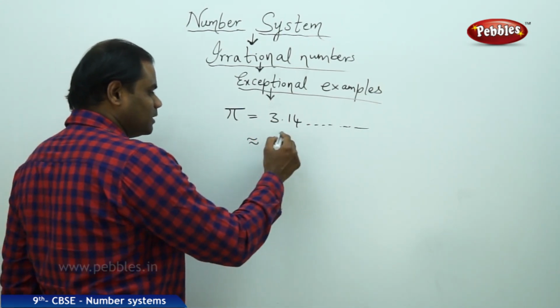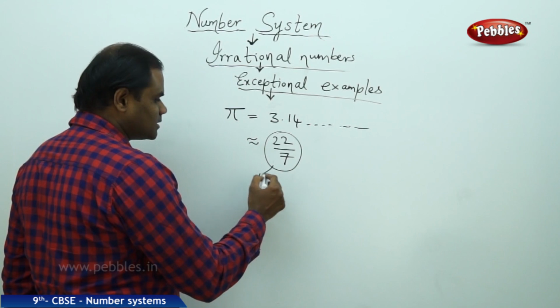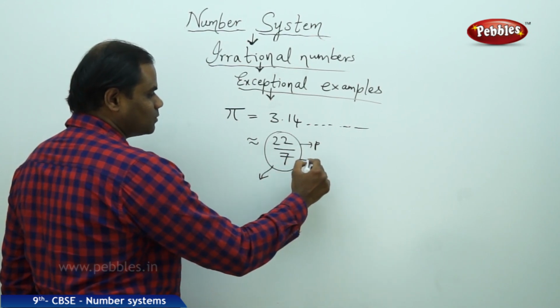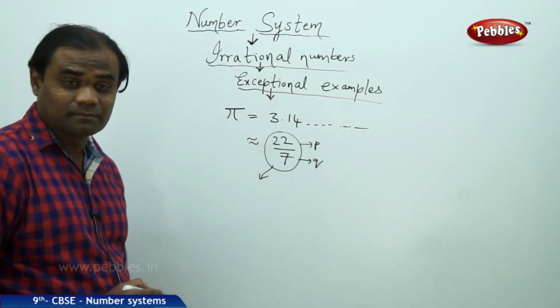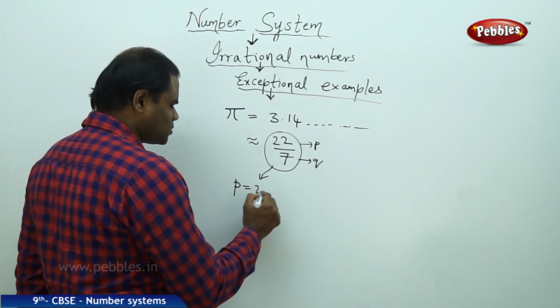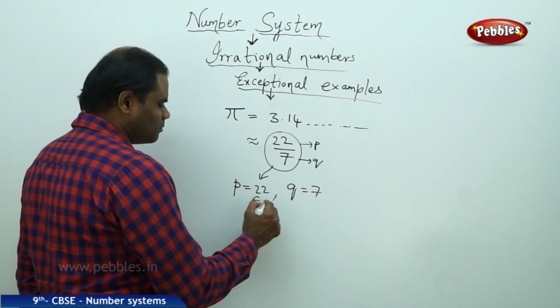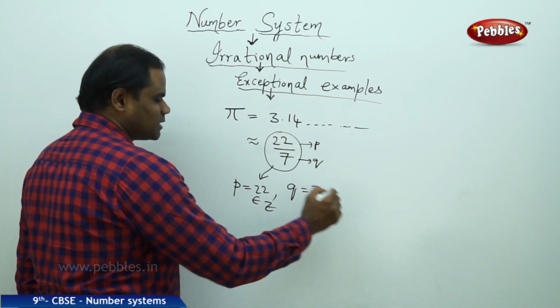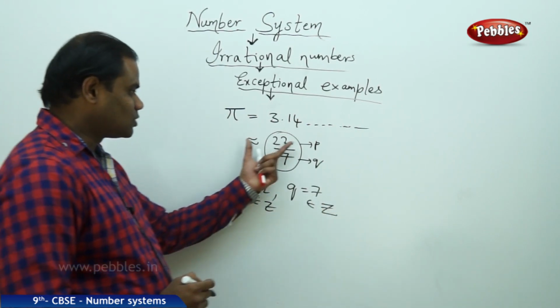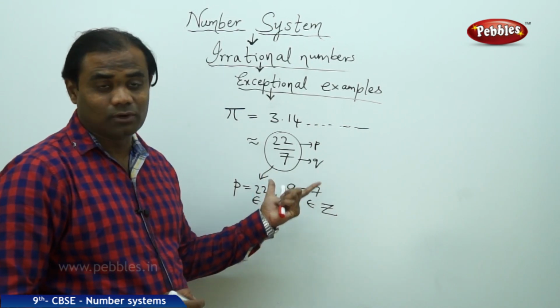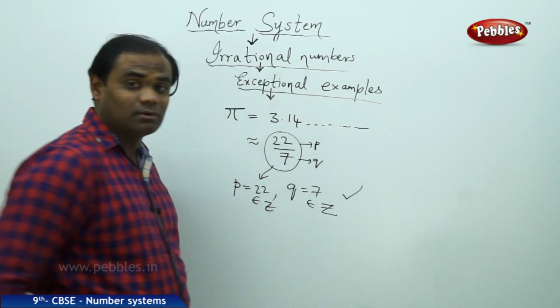When I go with pi being 22 by 7, I clearly see that its p is 22 and its q is 7, so my p is 22 in the numerator and my q is 7 in the denominator, and both belong to Z. Therefore, this number, 22 over 7, passes test number 1.